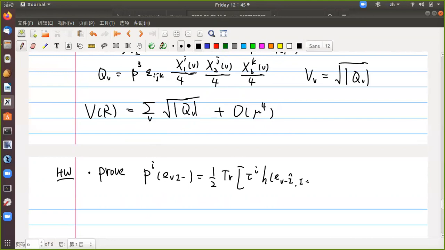This proof also helps you become familiar with this labeling system. This V minus I hat means one vertex before V in the I direction.